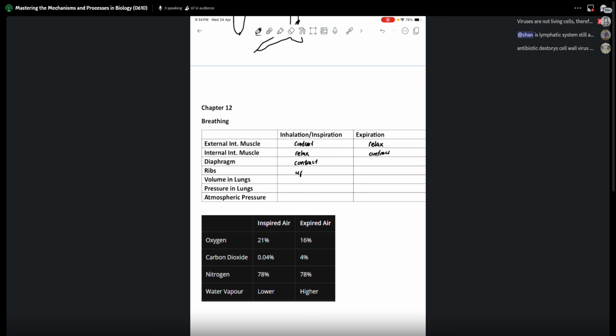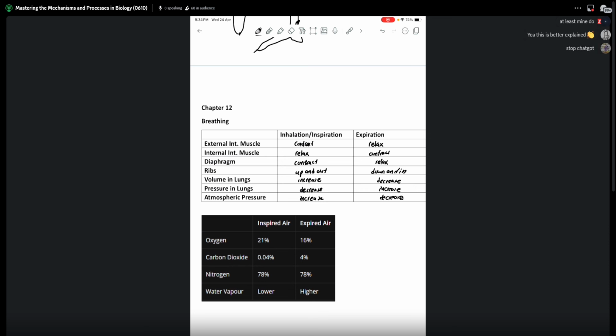The ribs will move up and out. The diaphragm will move down and flatten. The volume in the lungs will increase. The pressure decreases. The atmospheric pressure is higher.